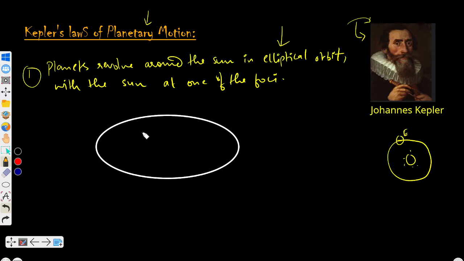As we discussed earlier, an ellipse has two special points, known as the foci, let's say F1 and F2. According to Kepler, if the planets revolve in an elliptical orbit, the sun will lie at any one of the foci. The sun can be at F1 or it can be at F2. So I hope this is clear to you. This law is very easy. It is also known as the law of orbit.